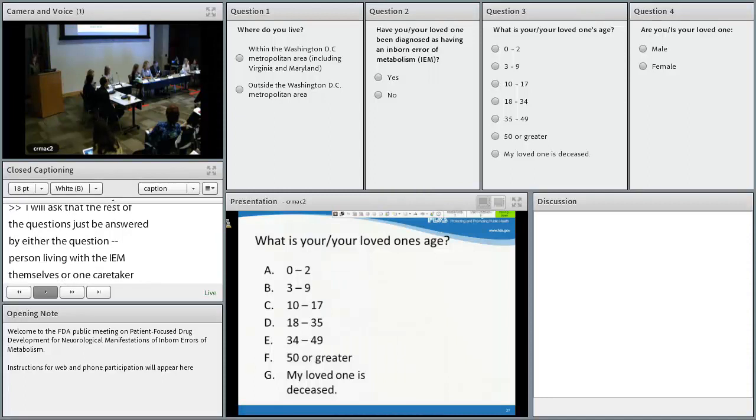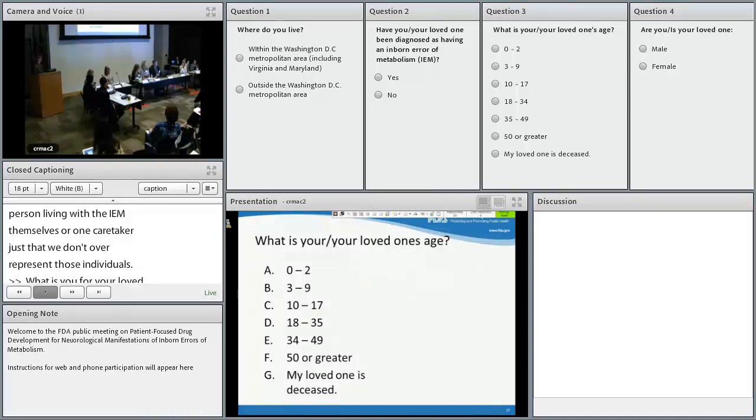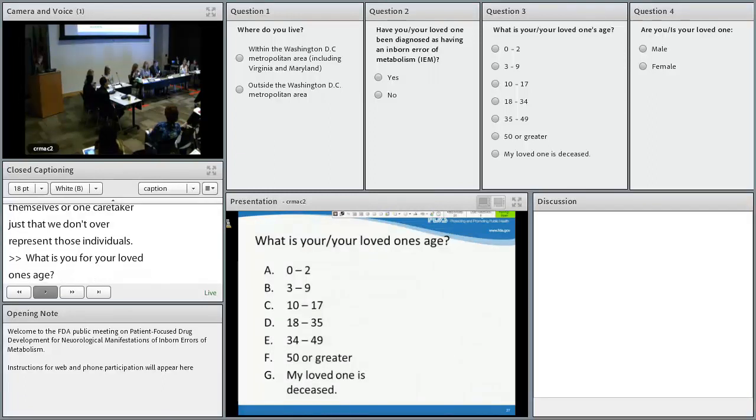What is your or your loved one's age? We understand that many of you have multiple children, so hopefully they fit in the range, or think of one child. 0 to 2, 3 to 9, 10 to 17, you'll press C, 18 to 35, 34 to 49, 50 or greater, or your loved one has passed.